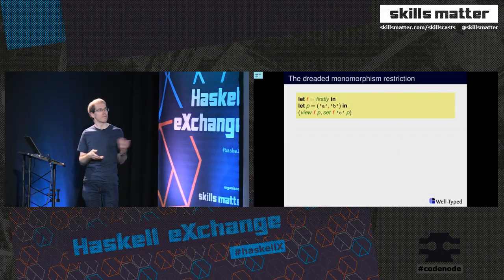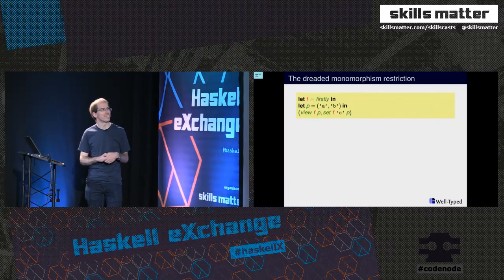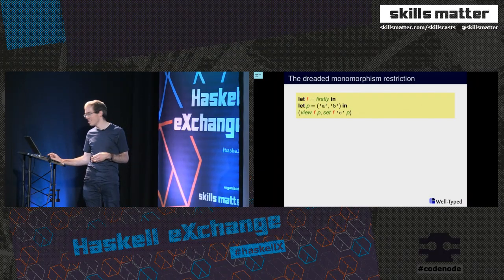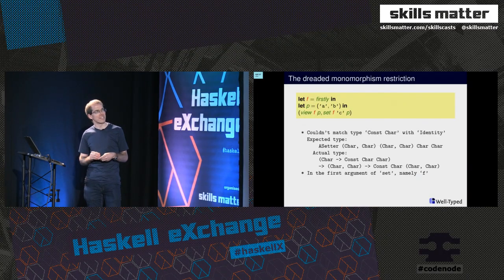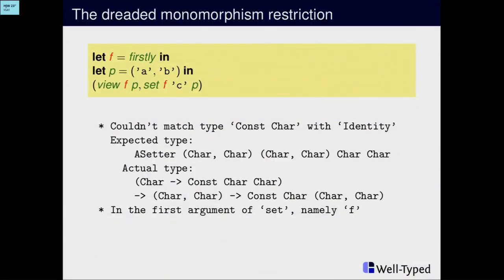This is actually a simplified version of an error I ran into this week while working on a client project using Lens. It turns out that the problem is that GHC couldn't match type Const Char with Identity. And then it goes on a bit further with talking about setters and something. So can anyone see what the actual problem is here? Why is this not working, David?